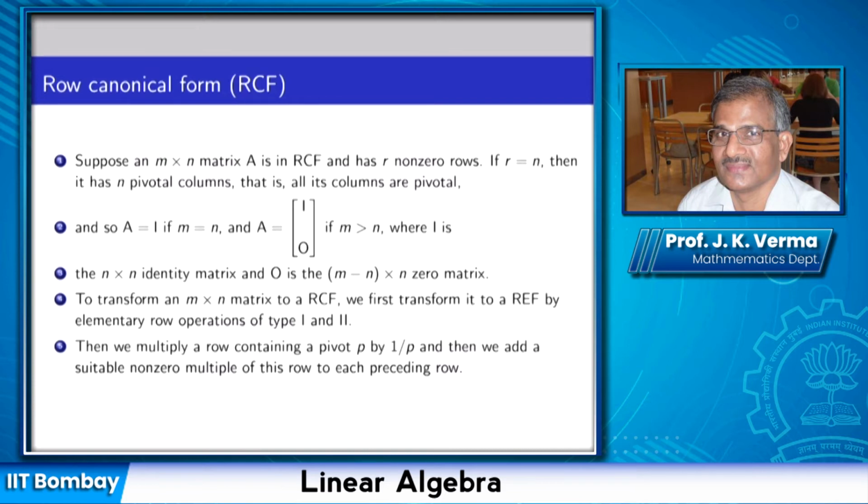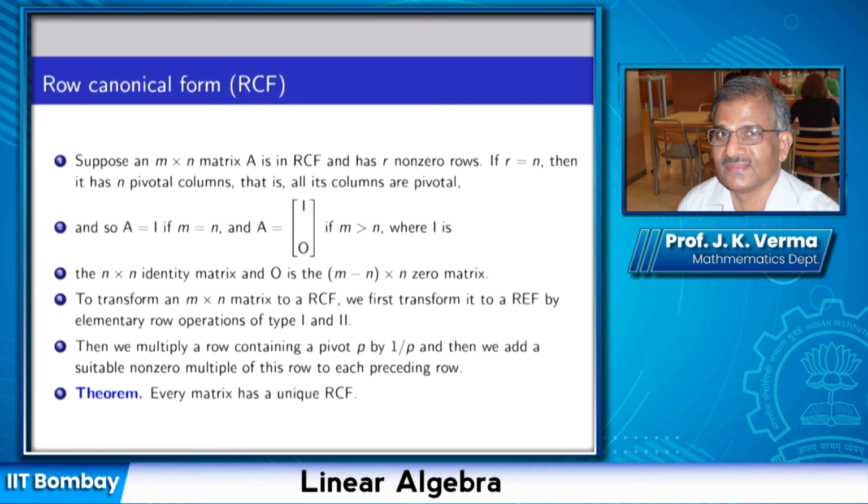These are the new row operations that we have to perform, because pivotal entries are required to be 1 if a matrix is in row canonical form, and all the entries above the pivot must be equal to 0. So we multiply the row which has a pivot by suitable scalars and subtract the scalar multiples of the pivotal row from the rows above the pivot to convert the entries above the pivot into 0.